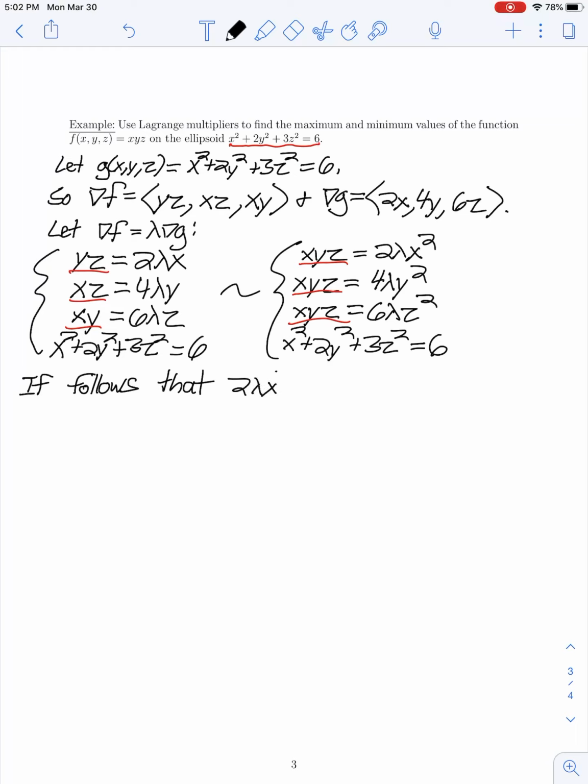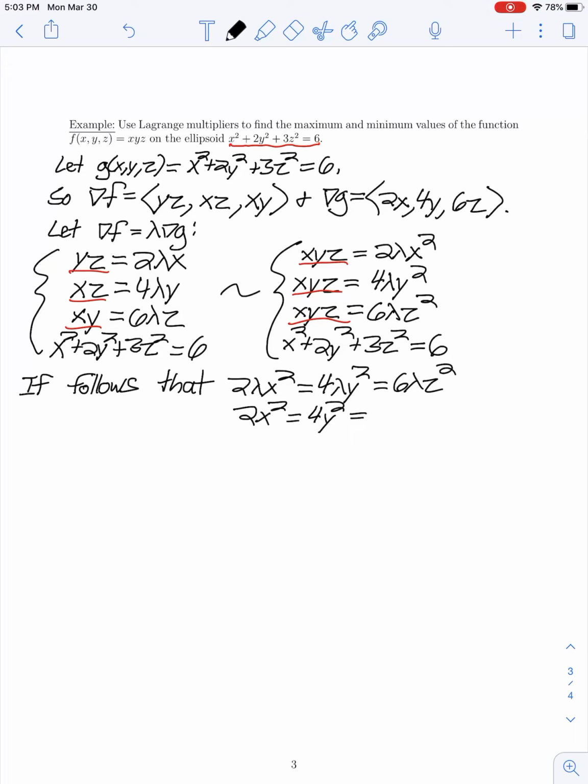So it follows that 2 lambda times x squared, the right-hand side of our first equation, must equal 4 lambda times y squared, the right-hand side of our second equation, and that's also equal to 6 lambda times z squared, looking at the right-hand side of that third equation.